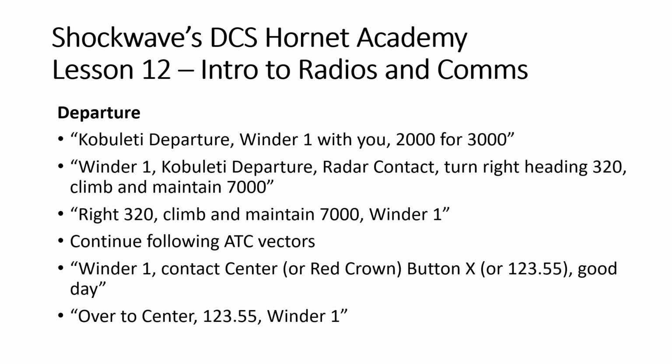There you go. So now you're going to departure. So your first call to departure would be something like, "Koboledi departure, Winder 1 is with you, 2000 for 3000." So that means you have to give your altitude and where you're going if tower told you to go to a different altitude.